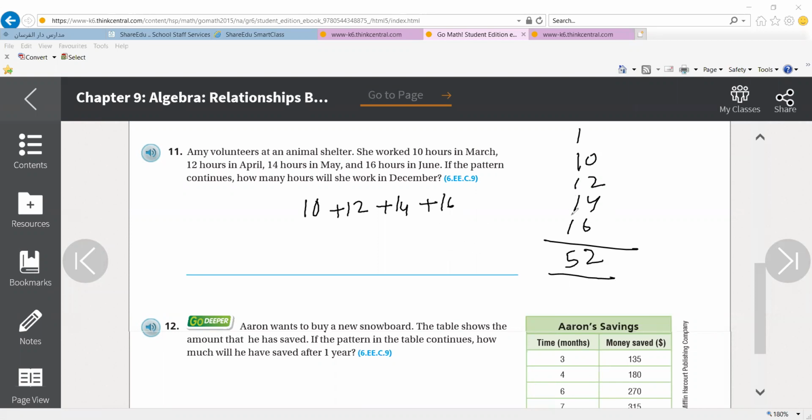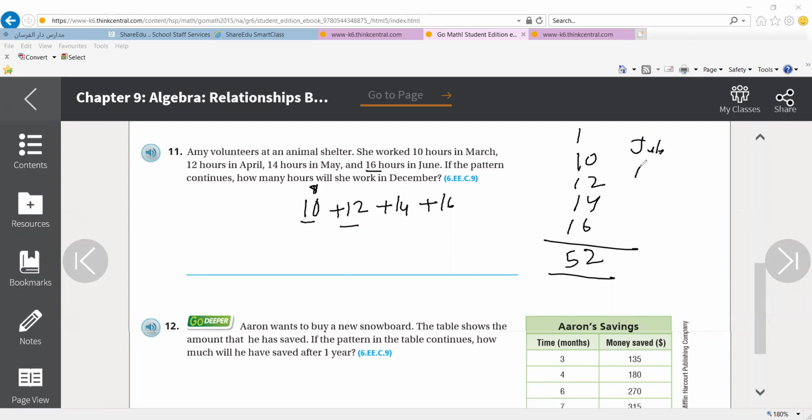If the pattern continues, it is plus 2, plus 2, plus 2. Do you see that? Starting from March, it's only plus 2. So the first month, the third month, do you understand this? 10 plus 12. Now after June, what comes?